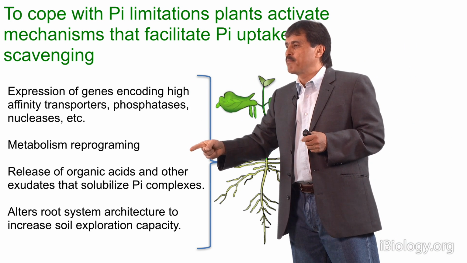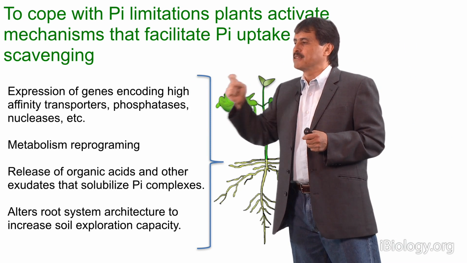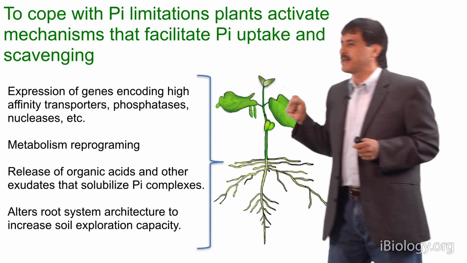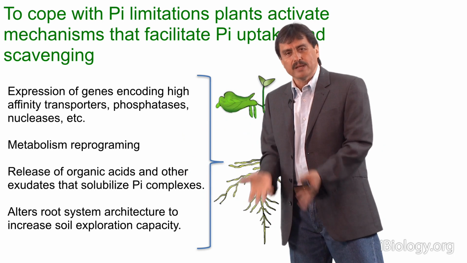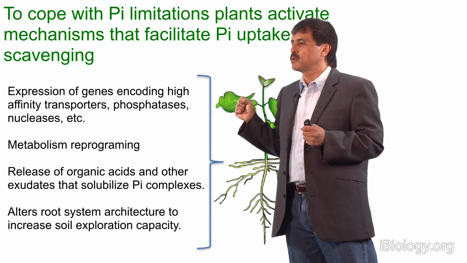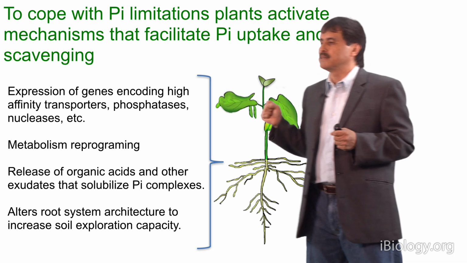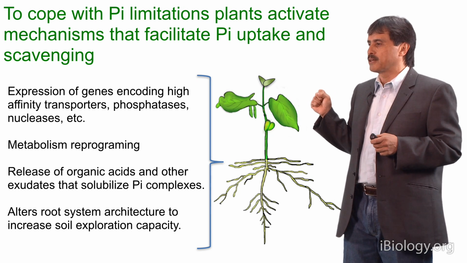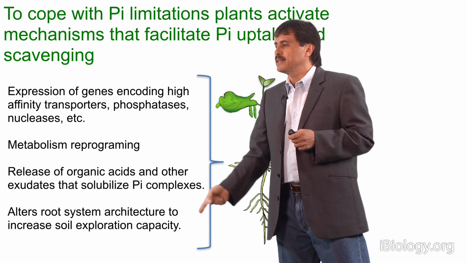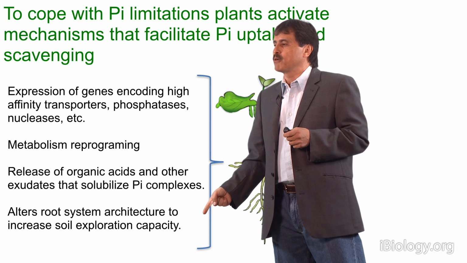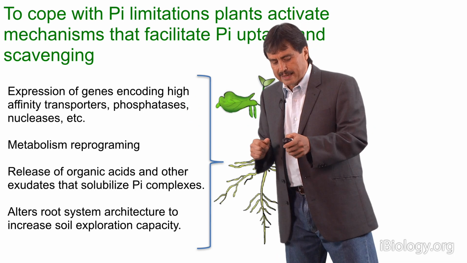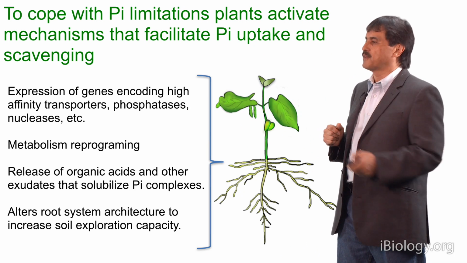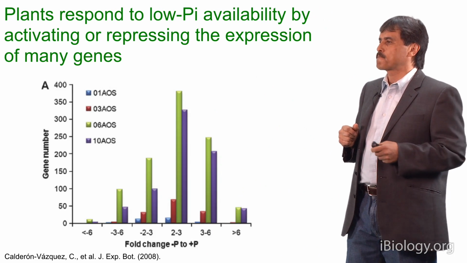The metabolism of the plant is completely reprogrammed, and the plant exudates organic acids and other molecules into the rhizosphere, into the soil that is surrounding the root, to facilitate the solubilization of nutrients, particularly phosphate. And also it undergoes very important developmental changes in its root growth program so that the plant has a different type of root architecture that facilitates nutrient uptake.